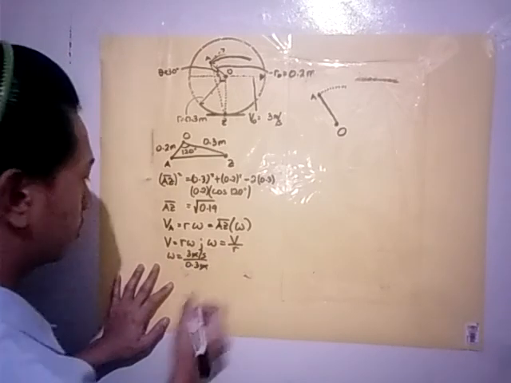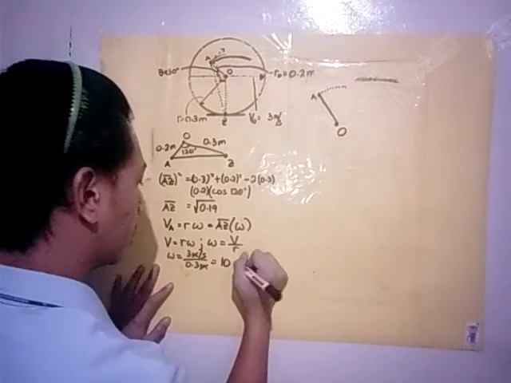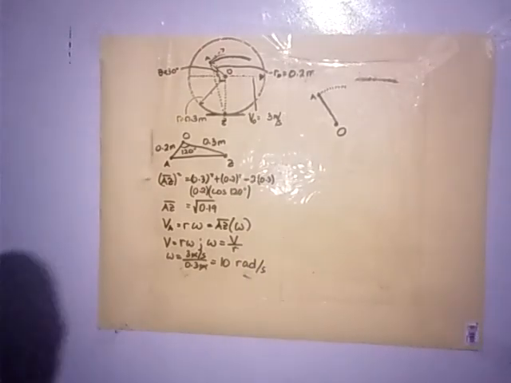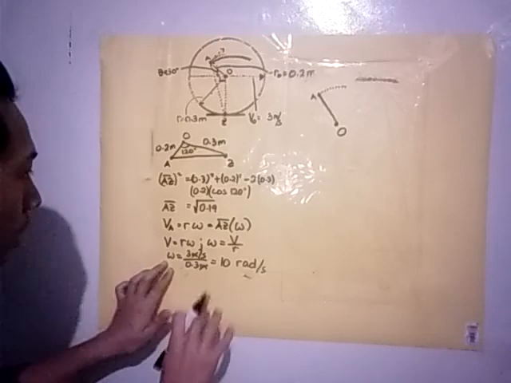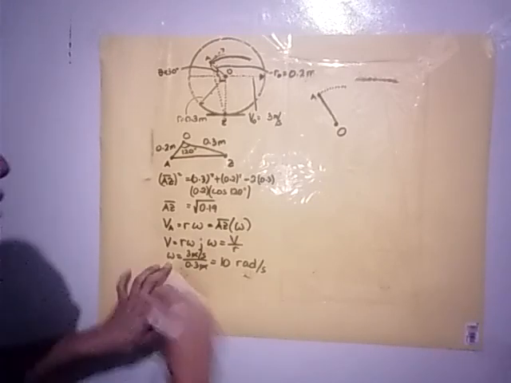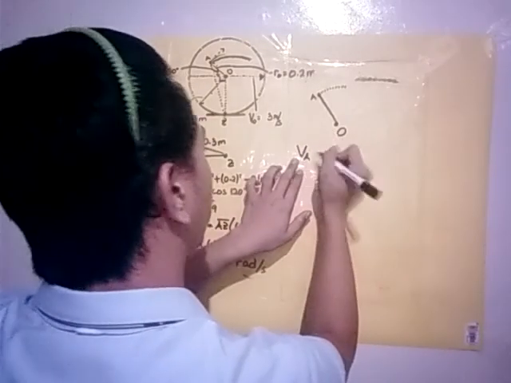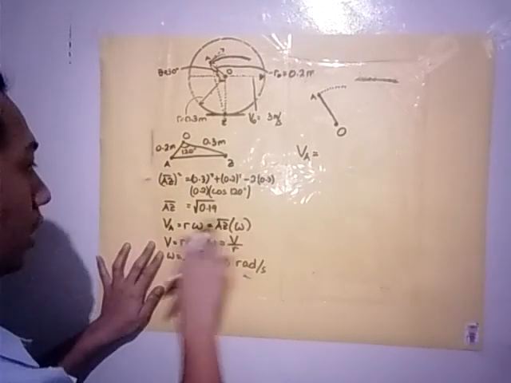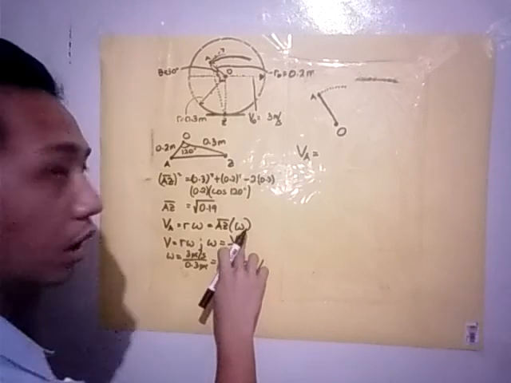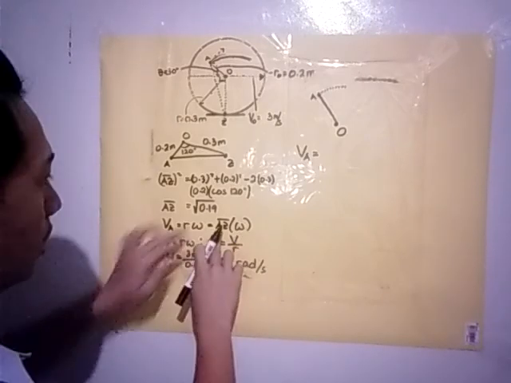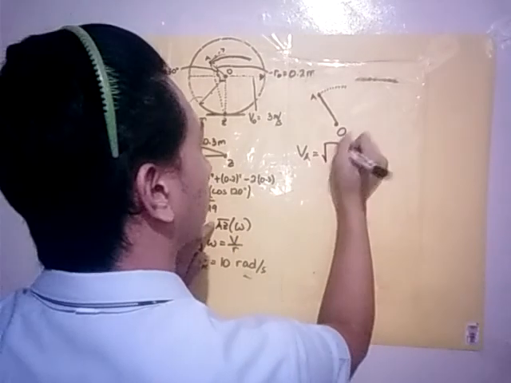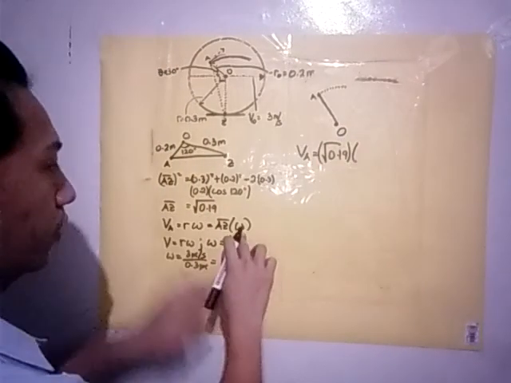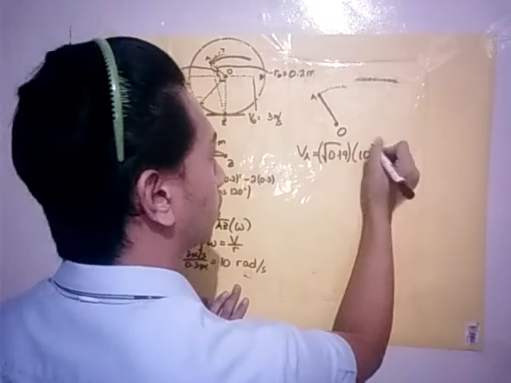Cancel the meter units, and this yields 10 rad per second. So we now have a value for our angular velocity. We can now calculate VA, our velocity of A. So VA is equal to line AZ multiplied by angular velocity. Our line AZ is equal to the square root of 0.19, multiplied by angular velocity, which is 10 rad per second.